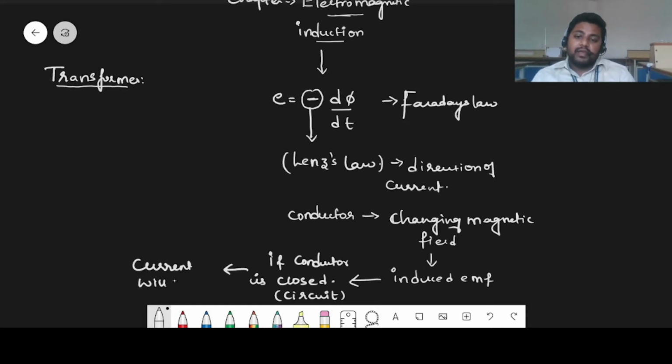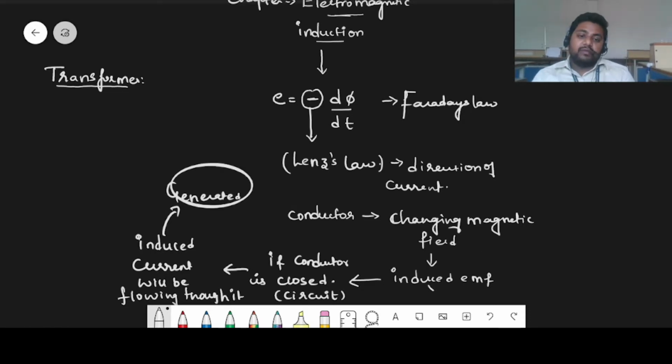That is the induced current. What do you mean by induced current? Induced means generated. Here also, induced EMF means generated EMF.